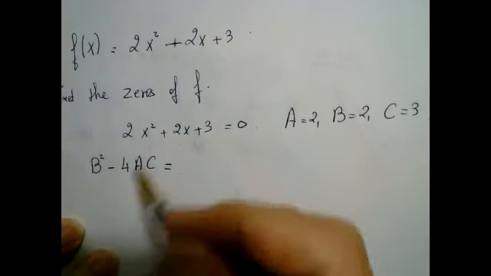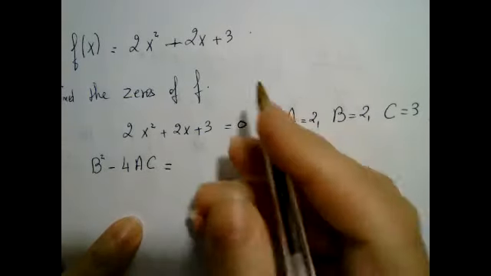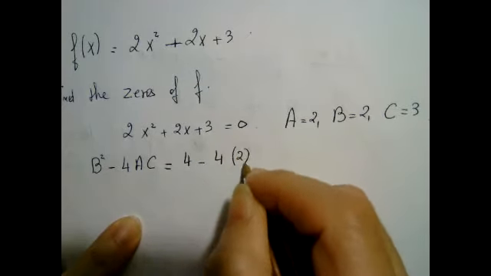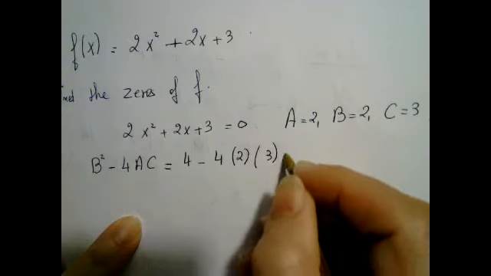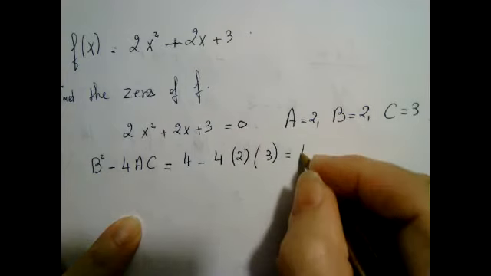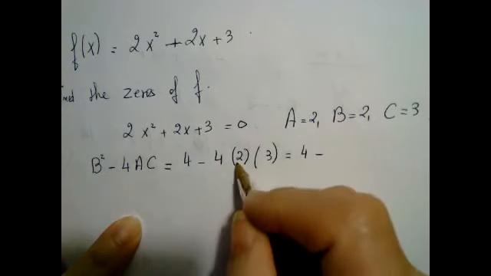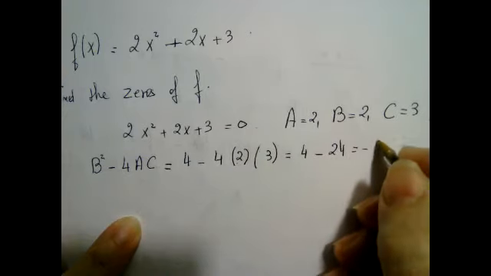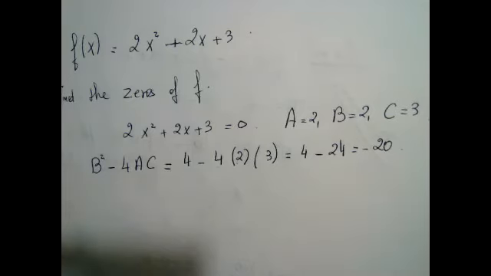Okay, and it's going to give me b squared, it means 4, minus 4 times a times c. And this will give me 4 minus 24, which is minus 20. Okay.